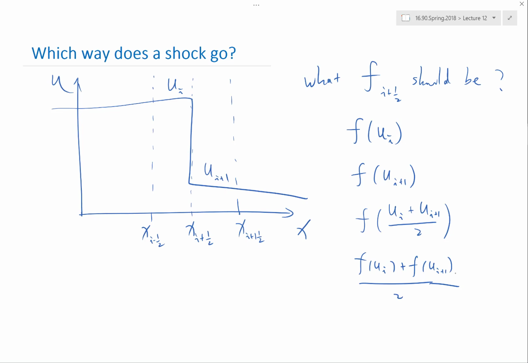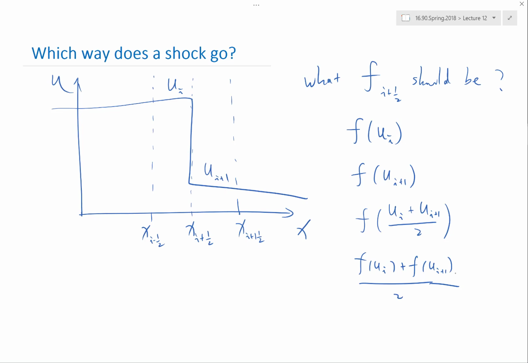F of u_{i+1}, your choice is this. Why? Because it's a discontinuity, it jumps, so the average actually doesn't mean much over here. I agree.